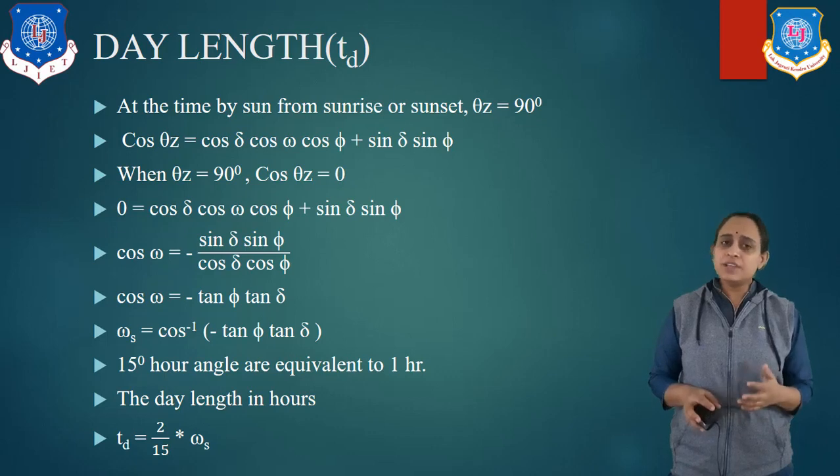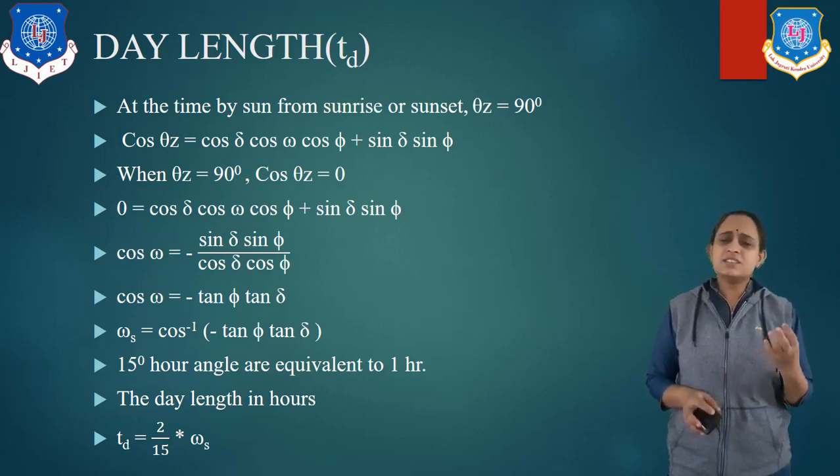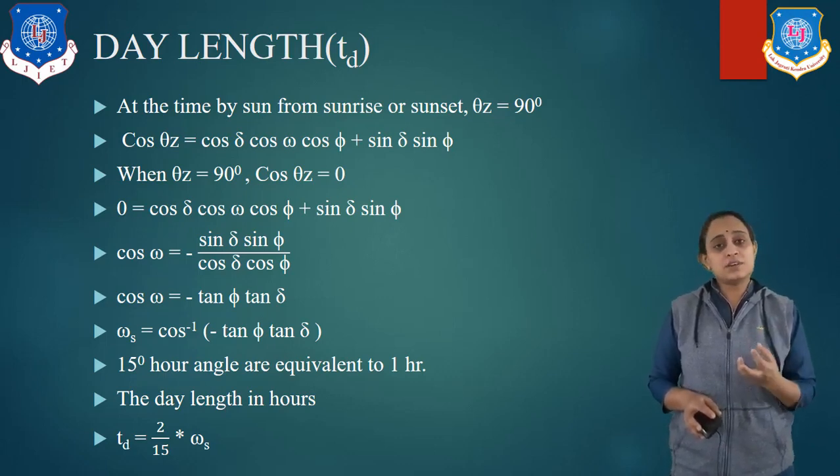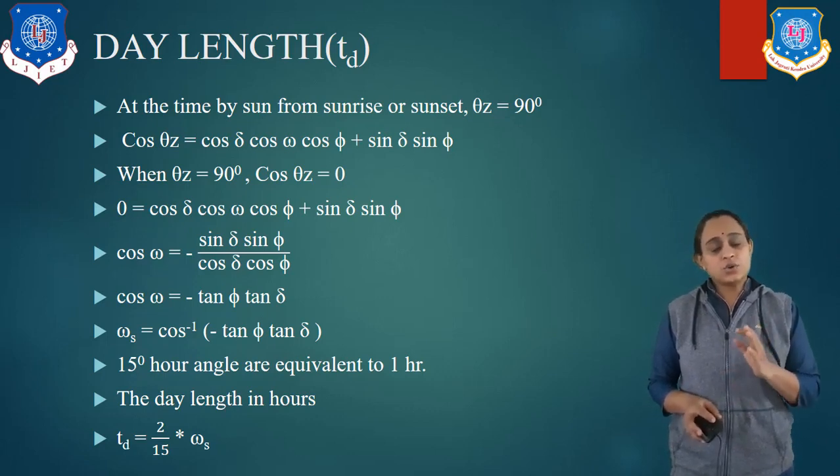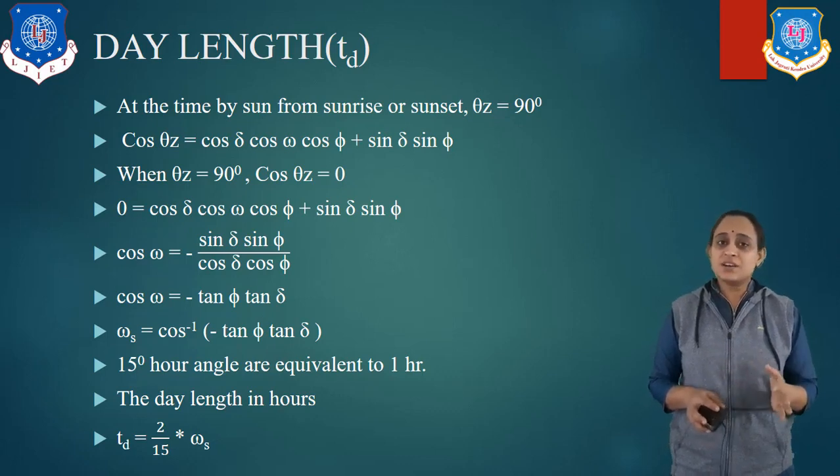So if we say the day length angle is omega s, then omega s is equal to cos inverse of minus tan phi tan delta. Okay, so this is our basic equation.